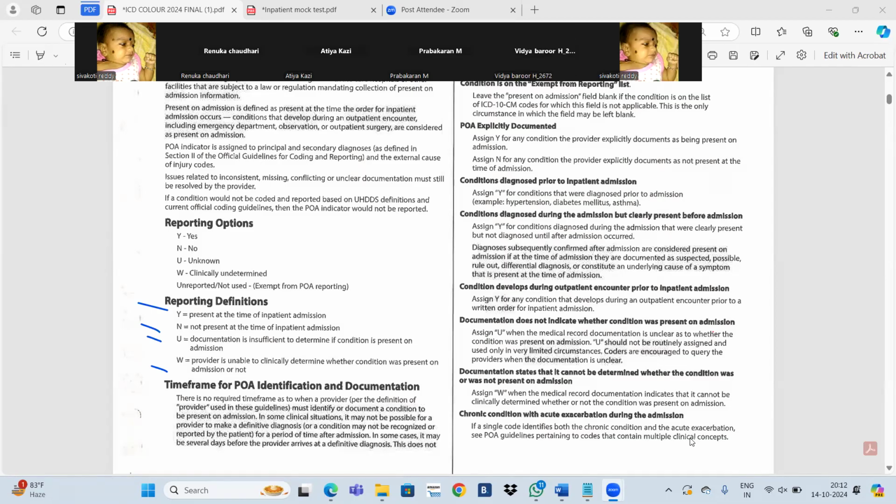W. Coder unable to determine or not able to give the POA status? U, based on document insufficiency. Condition present at the time of inpatient admission? Y. Condition not present at the time of inpatient admission?